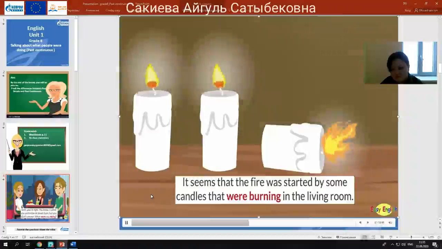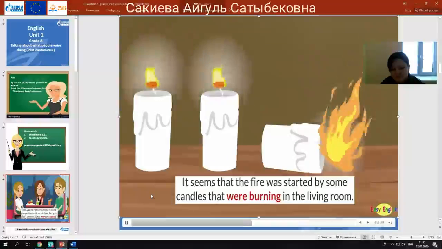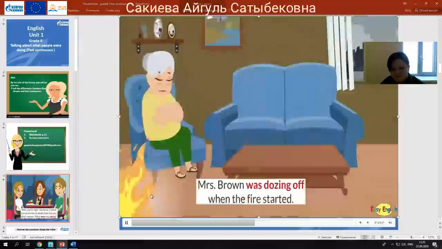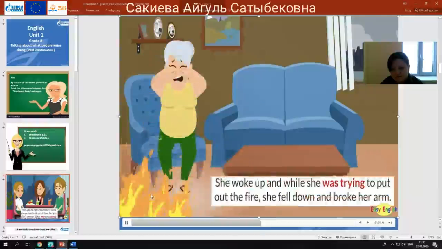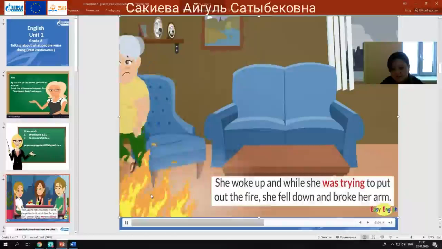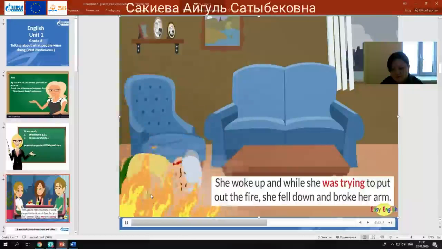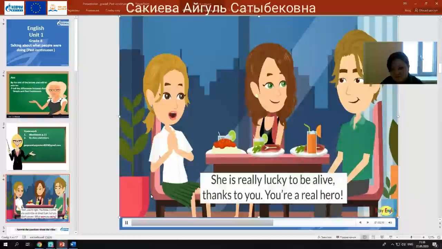It seems that the fire was started by some candles that were burning in the living room. Mrs. Brown was dozing off when the fire started. She woke up, and while she was trying to put out the fire, she fell down and broke her arm. She's really lucky to be alive thanks to you. You're a real hero.